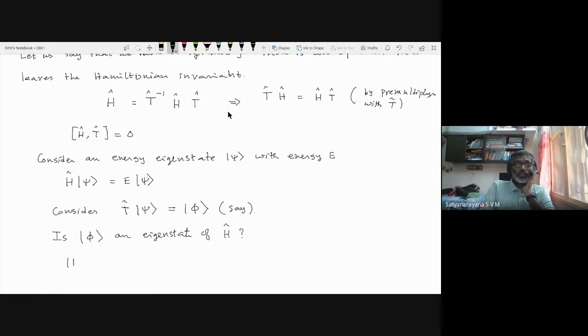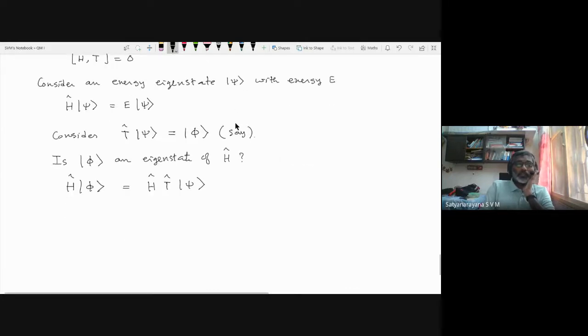To answer this question, we operate H on phi. Phi is nothing but T acting on psi. But we know HT is nothing but TH because H and T commute. So I can write this as T H on psi. But we already know H psi is equal to E psi because psi is an energy eigenstate. So this is nothing but E T psi. But what is T psi? T psi is phi. So that is equal to E phi.